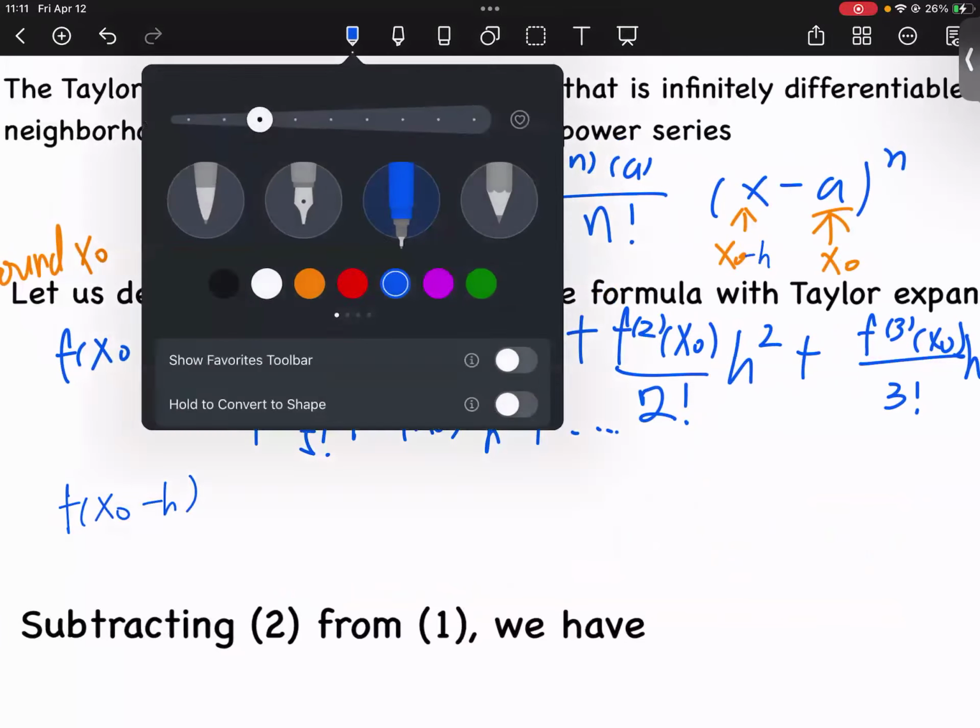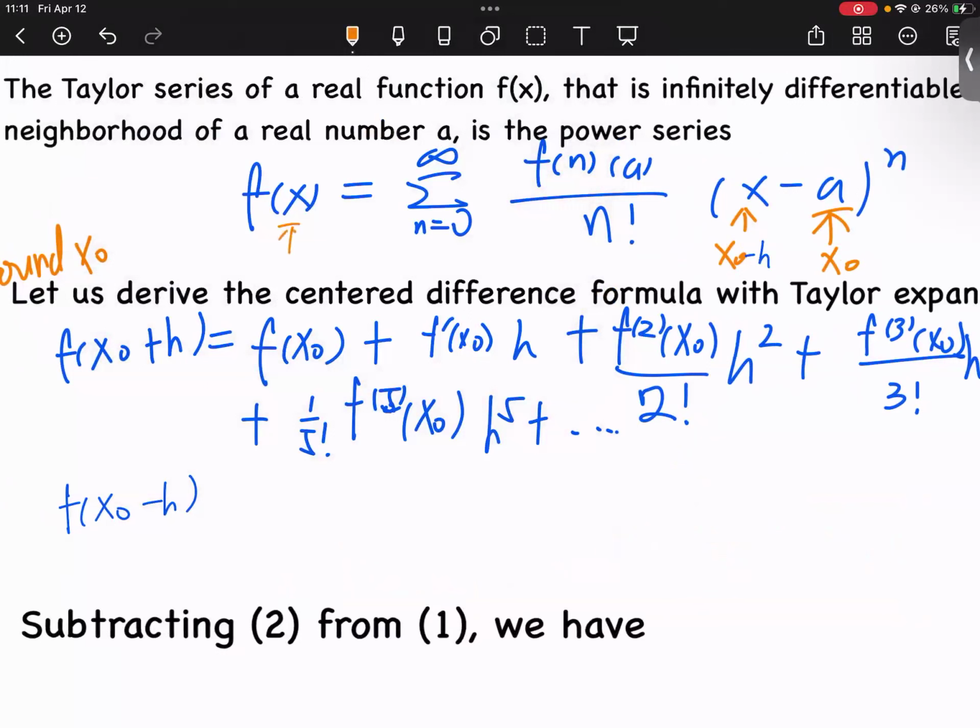So here I got f at x0, and then plus f prime, that is the first derivative, and then 1 factorial. But here you should pay attention: we have a sign change here. So here is x0 minus h minus x0. So I got negative h, and so here I got minus h.